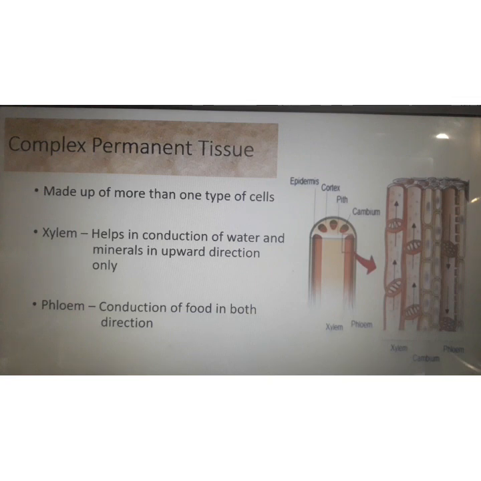Xylem helps in conduction of water and minerals in the upward direction only, as roots absorb water and then it reaches up to the leaves. Phloem helps in conduction of food in both directions, that is, prepared food in leaves is transported to all other plant parts.